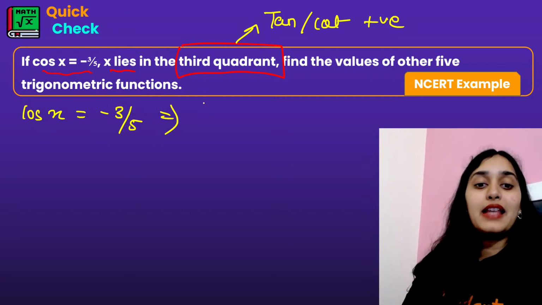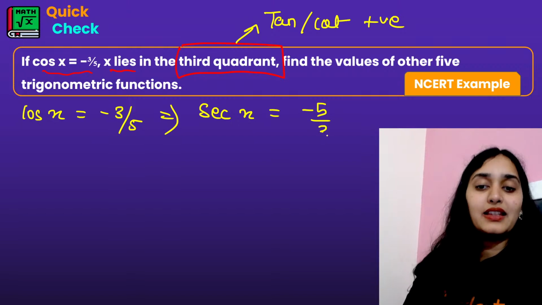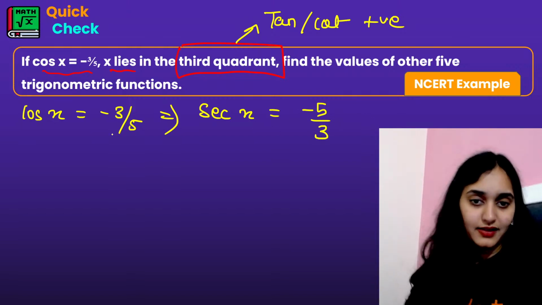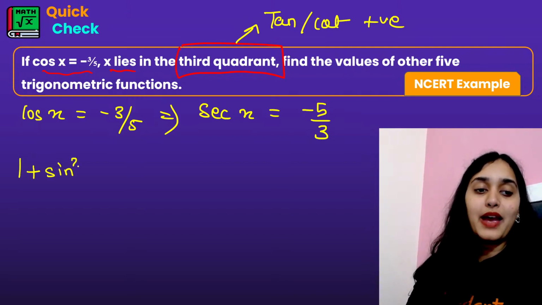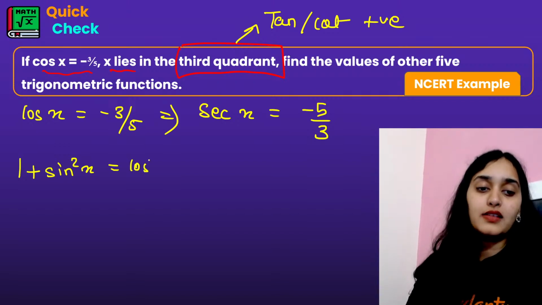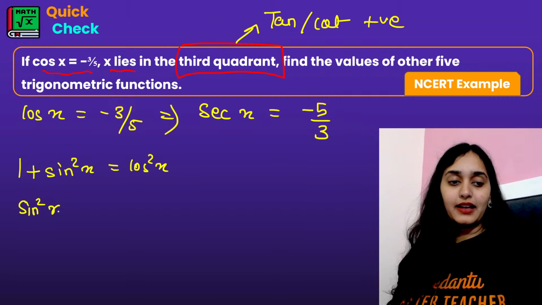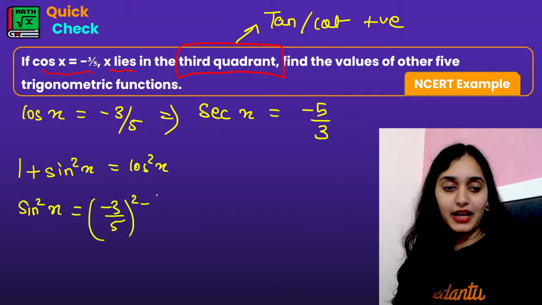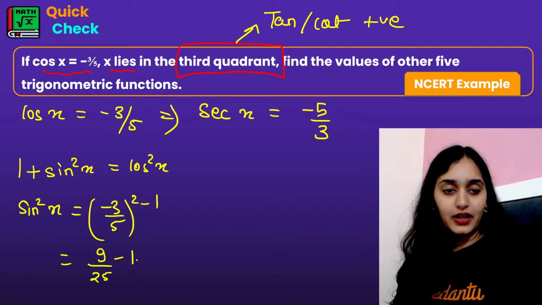This implies that secant x will be -5 by 3 because secant is the inverse of cos. Remember? Now, 1 plus sine square x is cos square x. So sine square x is -3 by 5 whole square minus 1. So this is 9 by 25 minus 1.